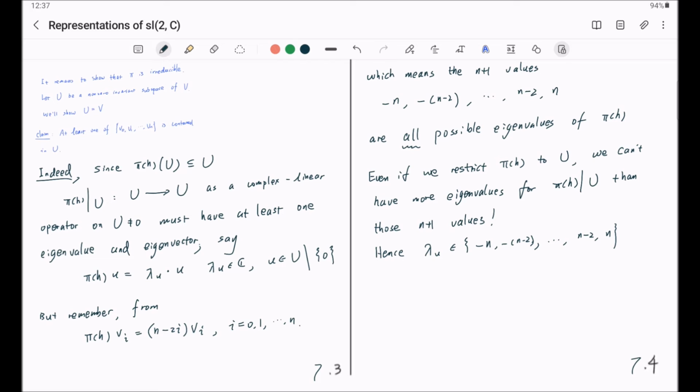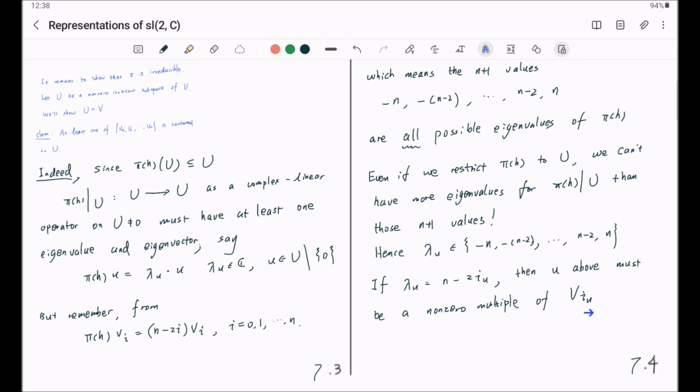Now if lambda_u is n minus 2 times i_u for some i_u from 0 to n, then this vector u must be a non-zero multiple of v_{i_u}, because this is the eigenvector corresponding to this eigenvalue.